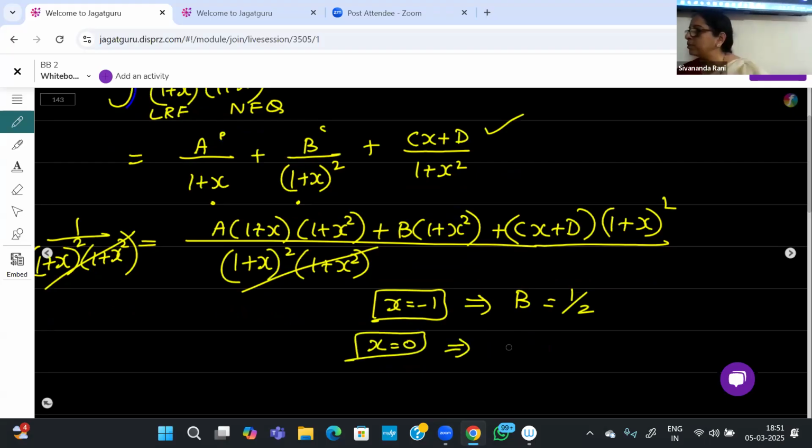X as 0. So, B being half, A plus D is half. Okay. Anything else?